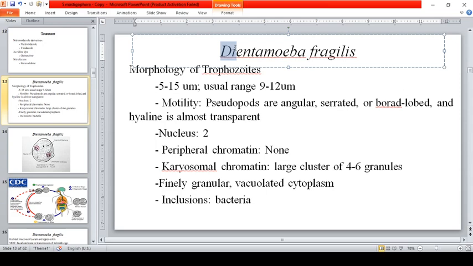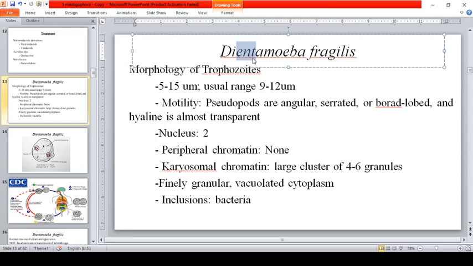Okay, so from its name, guys, di means two nuclei. ENT means it is found in the enteric environment, where the organism is found. Of course, the amoeba, because this is also an amoeba. And fragilis.